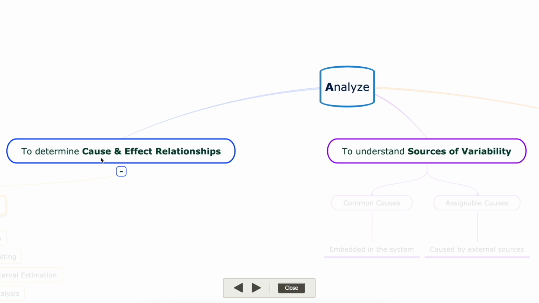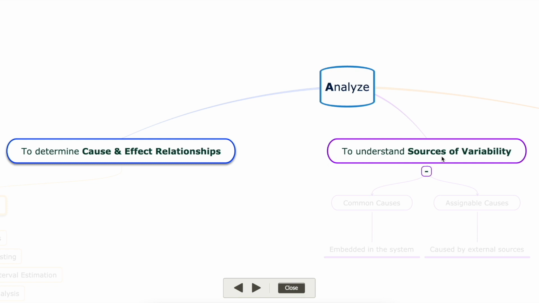Means by increasing the cause, the effect increases, or by increasing the cause, the effect decreases. So these are the types of relationships that we can analyze in this process depending on the measurements that were made in the previous step.